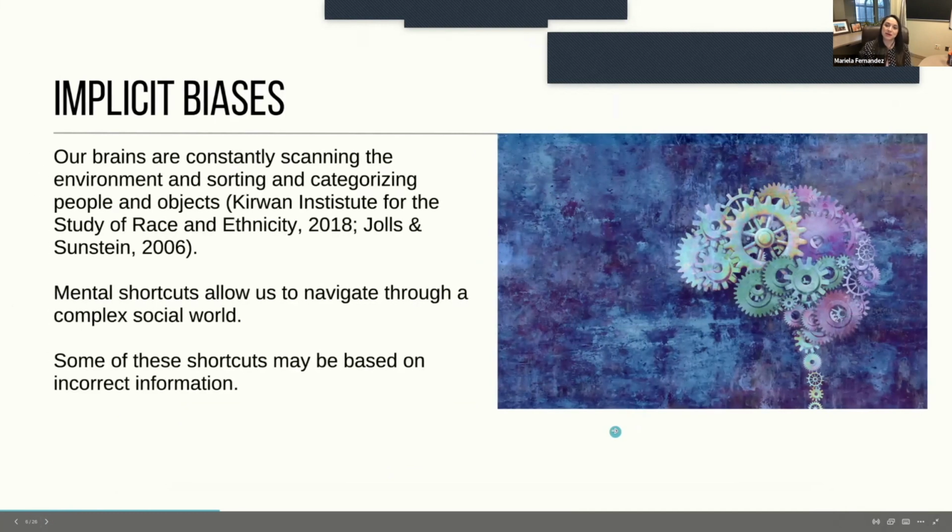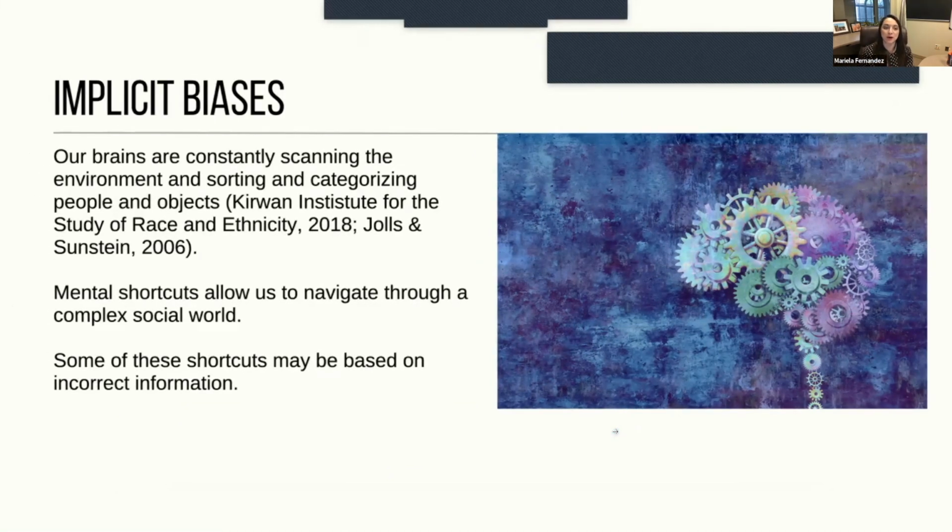But with implicit biases, there's this whole idea that our brain is constantly making these associations, and they happen within a split second. We don't even realize that we're doing it. It's just the way that our brain makes sense of the complex world around us. And for the most part, it could be okay, except sometimes these associations or shortcuts are incorrect.